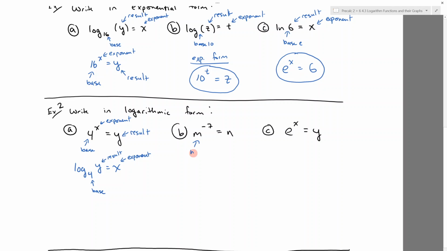This is the base, this is the exponent, and this is the result. Writing it out, it's log of the base, which is m, and then the result goes with the log, so that's n, is equal to the exponent, which is -7.